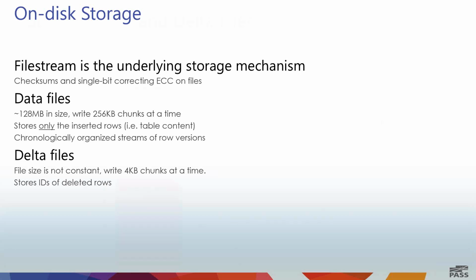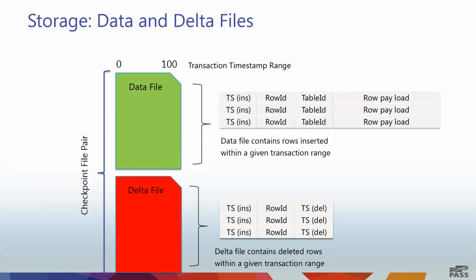Here you see a view of what a data and delta file could look like. We often talk about pairs of these files, a checkpoint file pair, and together they cover a certain transaction range.